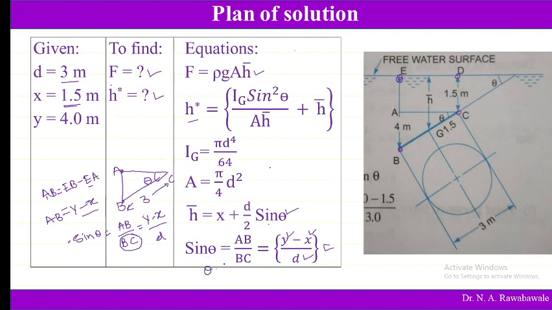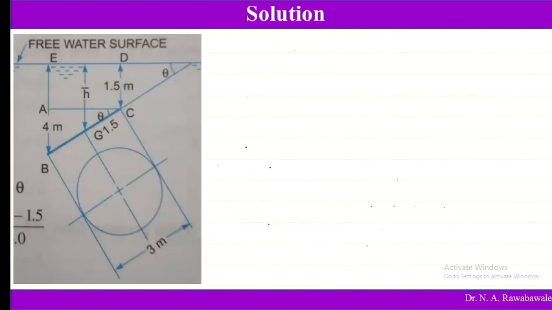So let us start with theta. Once we find out theta, we can find out x, h bar, then we can find out A, IG, and then F and h star. So we have to start from bottom to top. Very first we find out sine theta. Sine theta is equal to Y minus X divided by d.